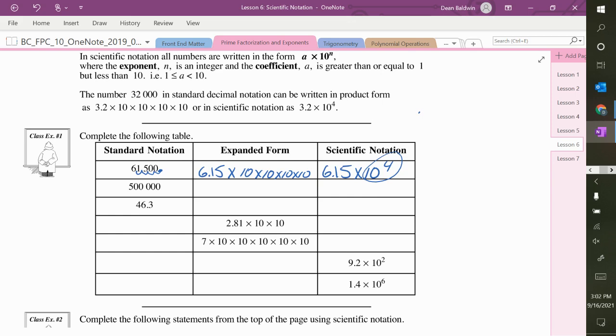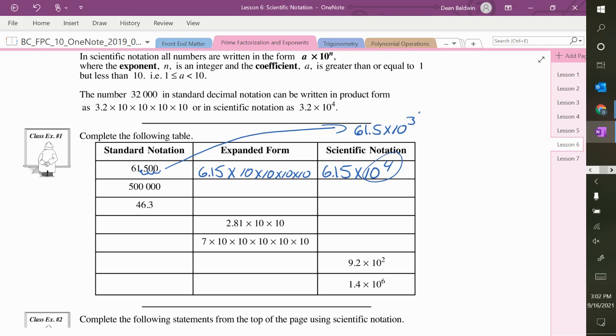Now, you could have done this. I could have moved the decimal 1, 2, 3 spots and gone 61.5 times 10 to the 3. Now that is technically the same answer. All right? Does everybody see how that's the same answer?